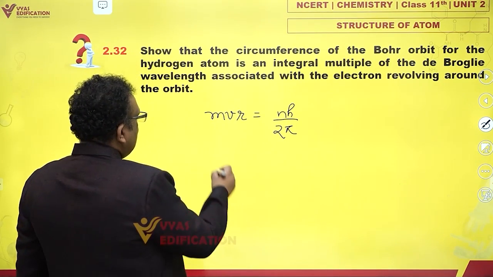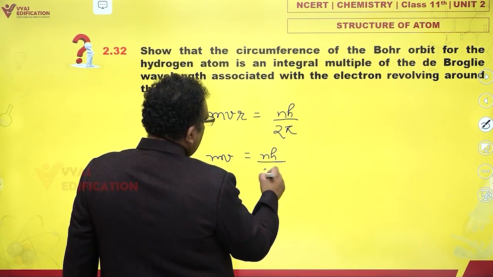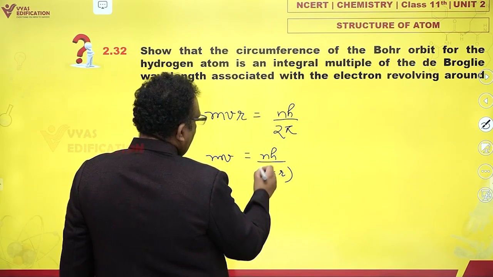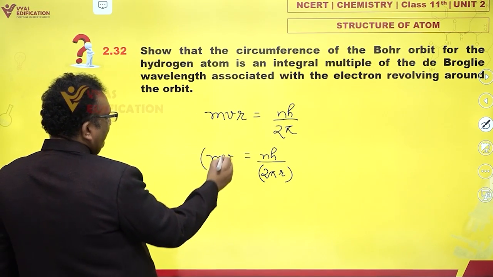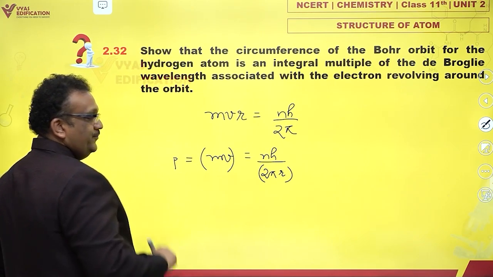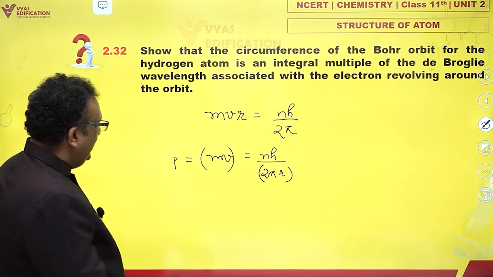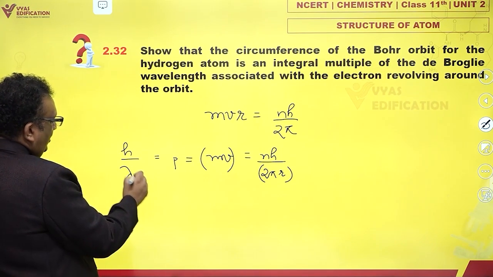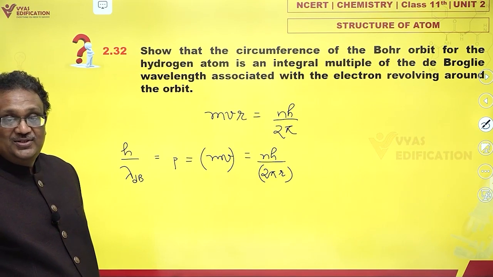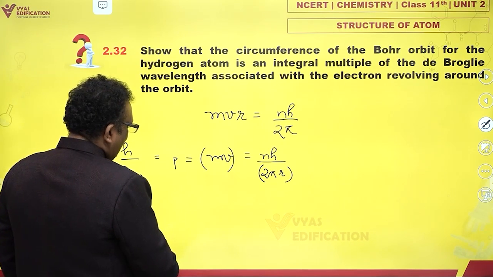So, MVR is nh upon 2 pi. What is mv? Mv is nothing but momentum p, right? And for de Broglie wavelength, p is h by lambda de Broglie. That's very clear as daylight.